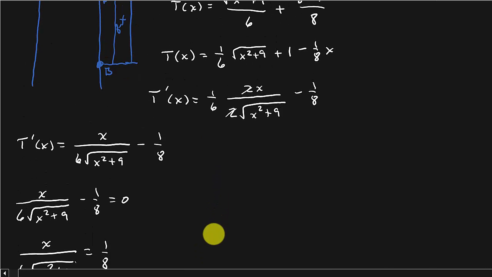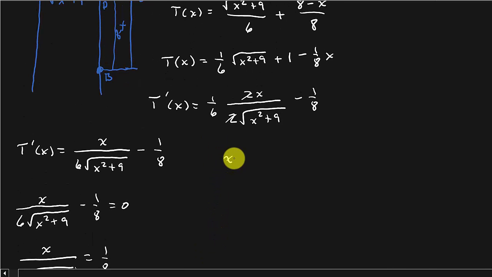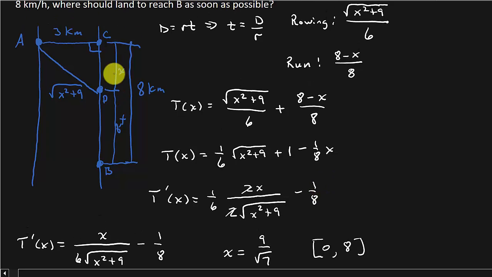Now let's come back up here real quick. So let me just write that. X equals 9 over square root of 7. Now, the one thing we've got to look at here is that we're on the interval 0 to 8. See, that's all that x can be.